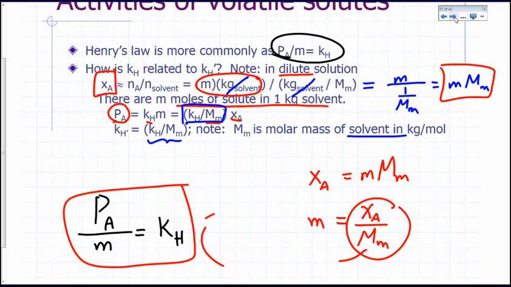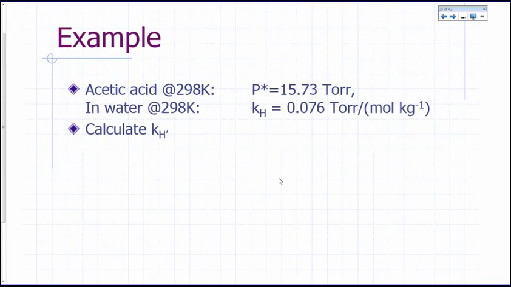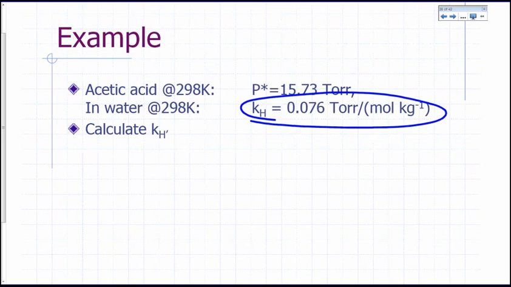Let's illustrate that. Here you have acetic acid. If you look up the Henry's law constant for acetic acid, this is actually the number that you'll more easily find. It's 0.076 torr per molality. Mole per kilogram is molality. So how do you calculate KH prime? What's our formula?